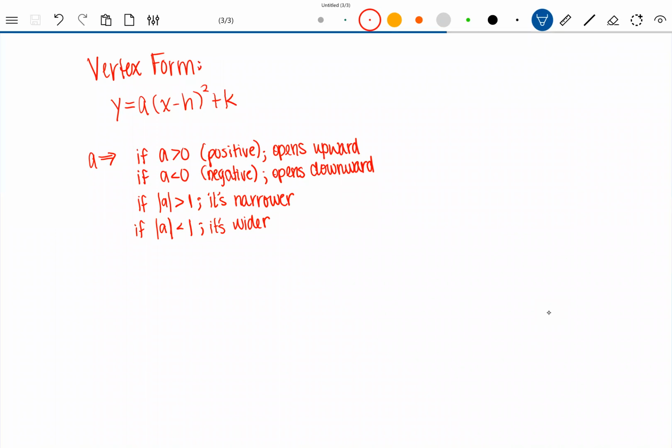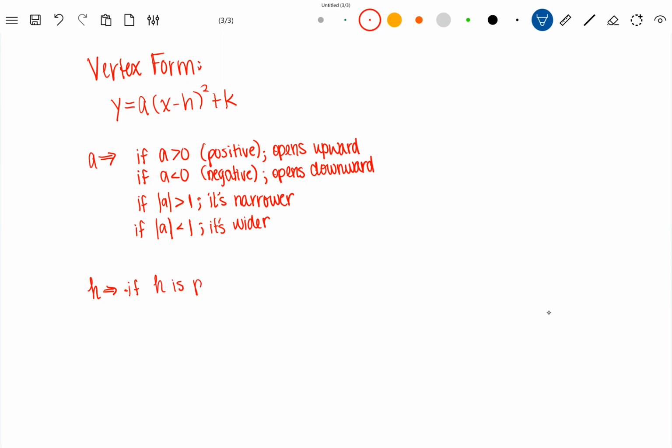Okay, h represents a horizontal shift. If h is positive, this represents a left shift of the parabola. If h is negative, it represents a right shift.